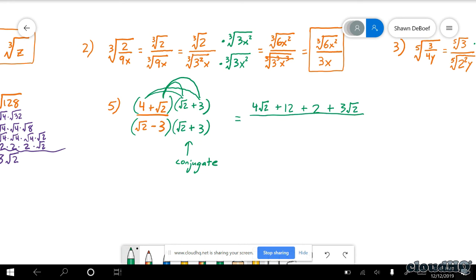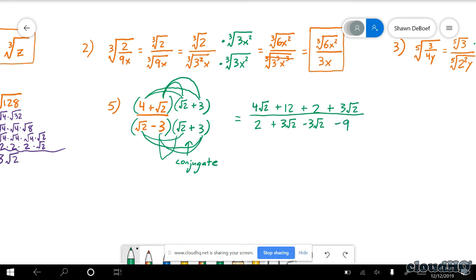We'll come back to the numerator. Let's go ahead and look at the denominator first. FOIL here. Square root of 2 times square root of 2, 2. Square root of 2 times 3, positive 3 square roots of 2. Negative 3 times the square root of 2 is negative 3 square roots of 2. And then negative 3 times positive 3, that's negative 9.